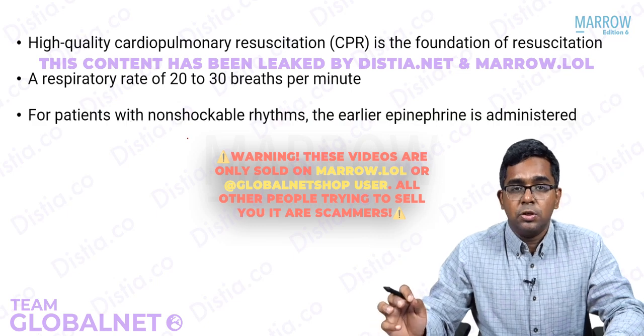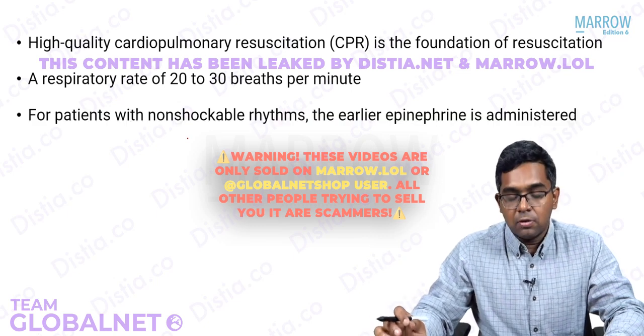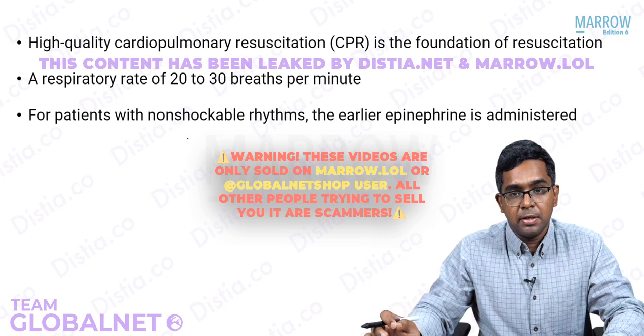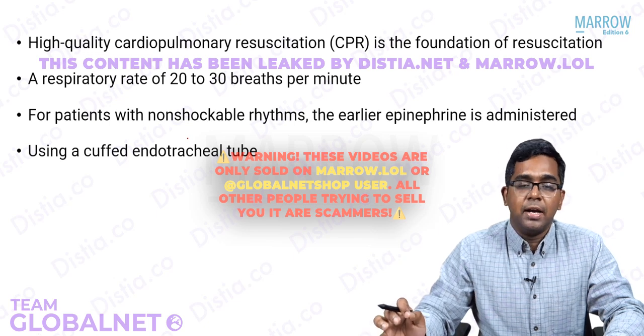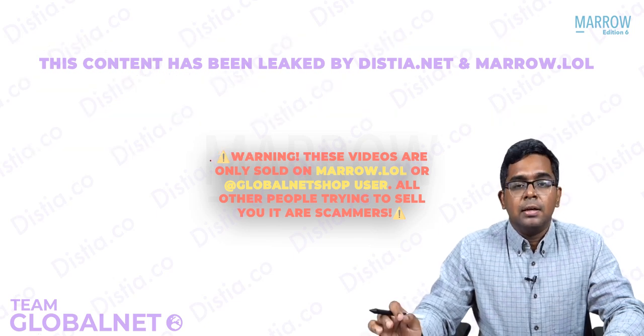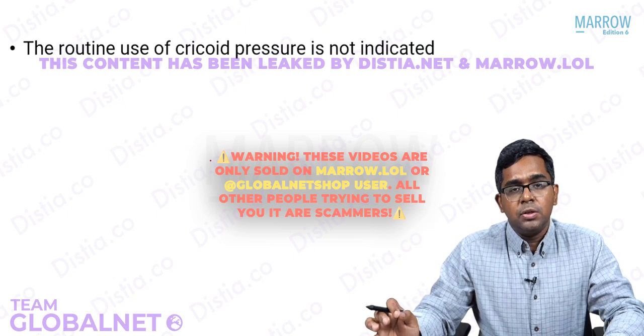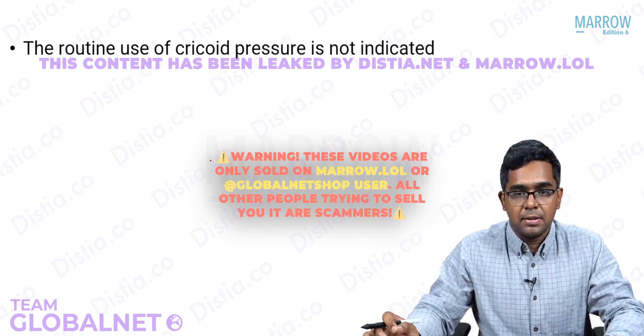For patients with non-shockable rhythm, earlier epinephrine is always recommended because that results in a good outcome. And as per the present guidelines, always use a cuffed endotracheal tube. The next one, routine use of cricoid pressure is never indicated in pediatric resuscitation.